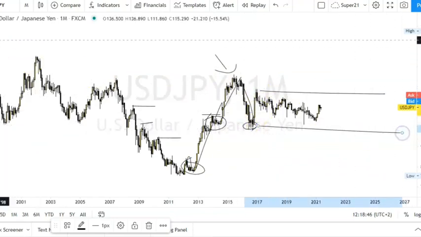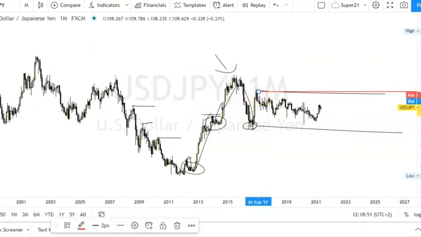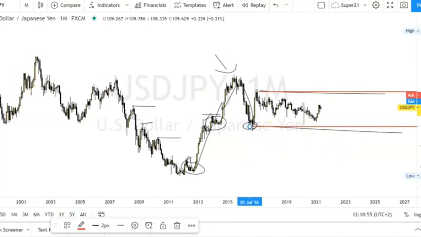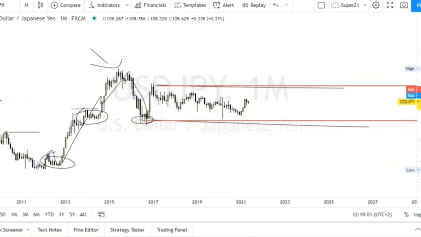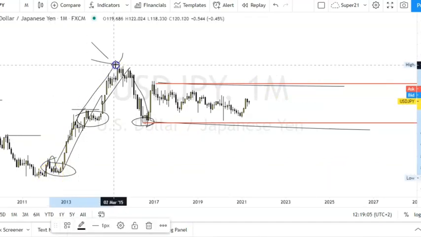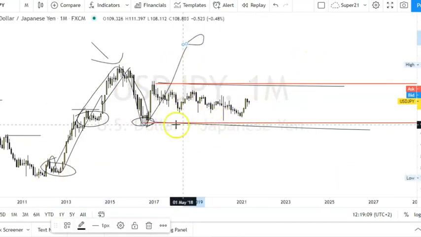After the retracement, we find ourselves in a range. There are many names behind this. Some call it range bound, but we can see that the price is ranging. Overall, this is what we're looking at at the current moment.